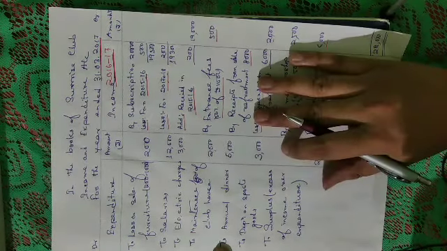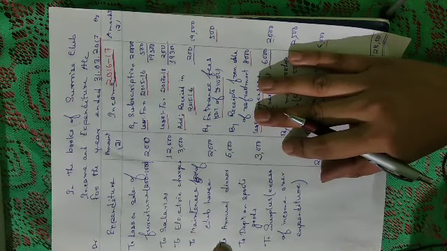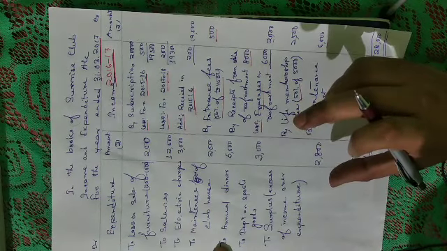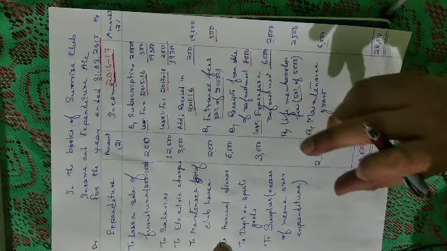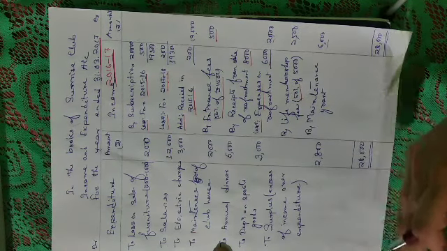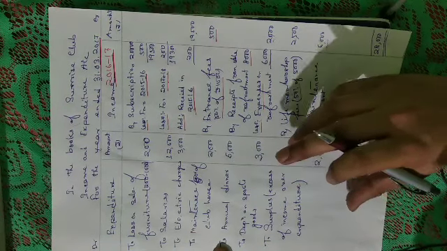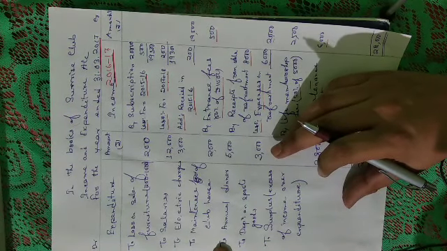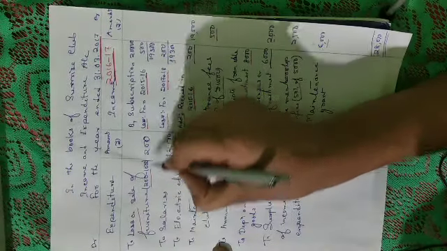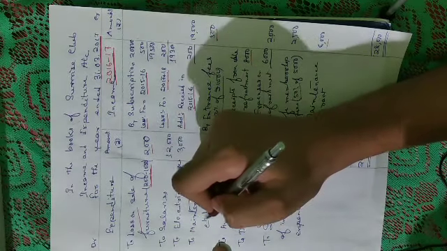Next, sale of furniture, book value rupees 1200. After selling the furniture we receive rupees 1000, so it is a loss. Loss on sale of furniture comes under the expenditure side, so 1200 minus 1000 is 200.